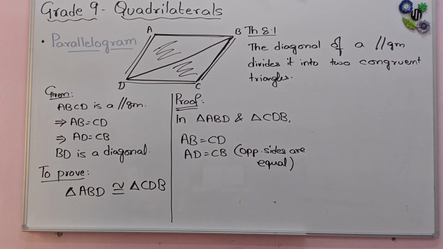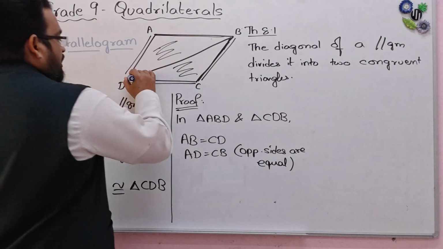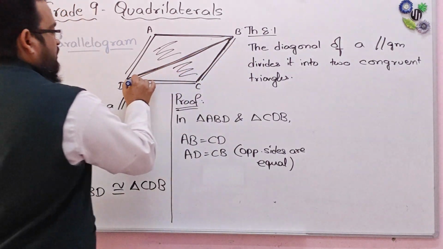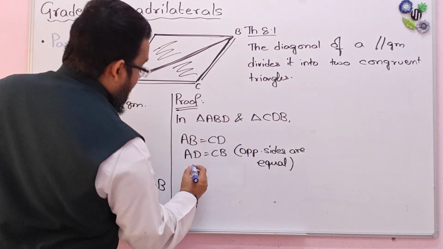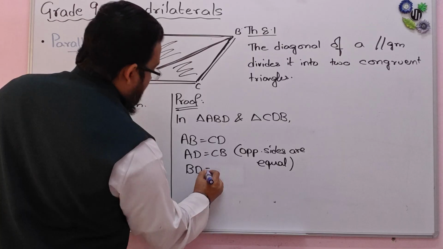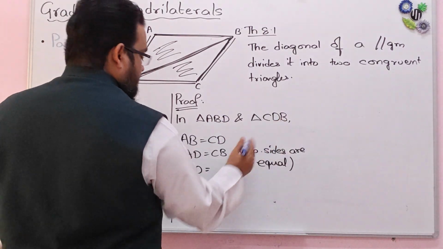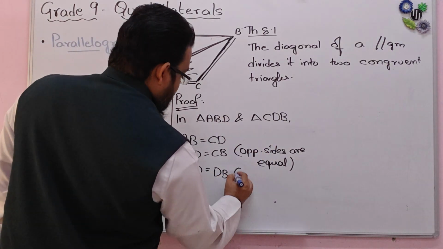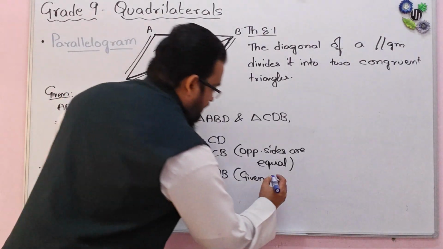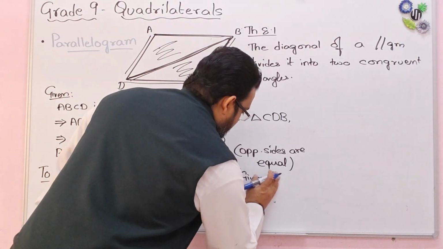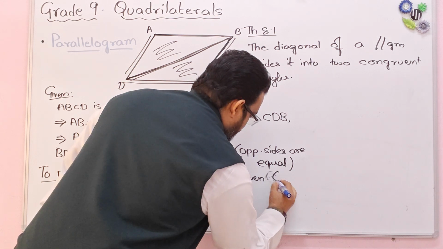Is it right? And after that, you have this diagonal common for both the triangles. So in the first triangle, BD is equal to, and in the second triangle it is DB. What is the reason for that? It is common.